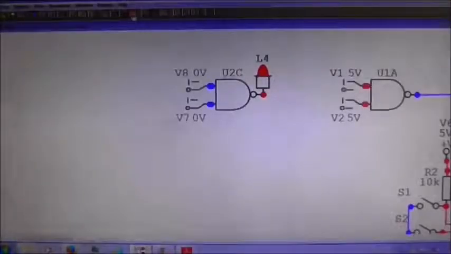So what we need to do now then is have a quick simulated look at the NAND gate and see what we can and can't do with it. And as we know, the NAND gate will only go low when both inputs are high. Either input's low or both, it'll stay high, and when both inputs are high, it goes low.